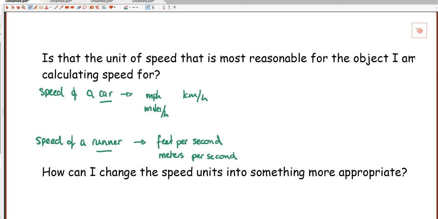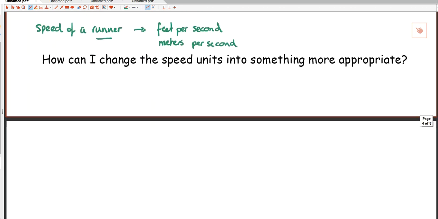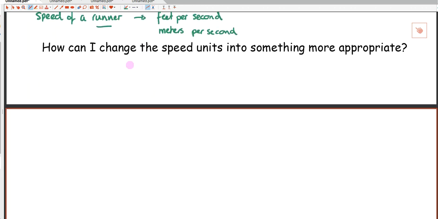All right. So the next question finally is, how can I change the speed units into something more appropriate? So we had our runner.